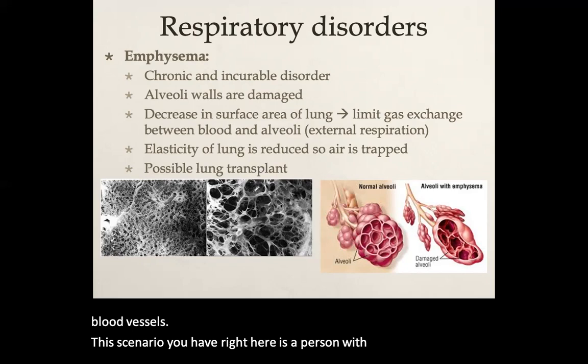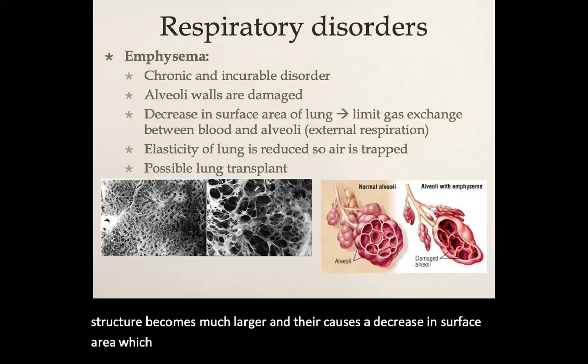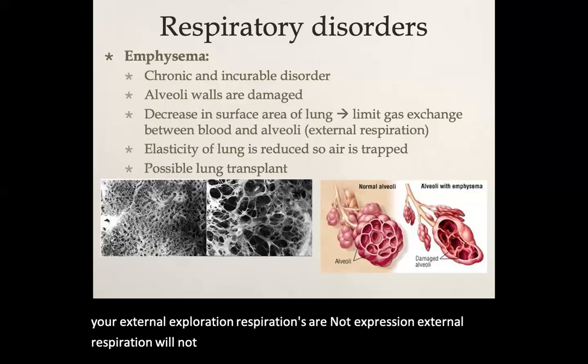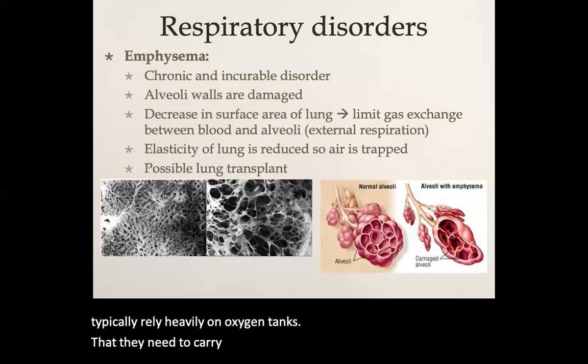Again, the structure becomes much larger, and that causes a decrease in surface area, which means in this scenario, your alveoli gas exchange, or your external respiration, will not be very effective. So these individuals typically rely heavily on oxygen tanks that they need to carry, and they can receive a lung transplant as a measure of treatment.